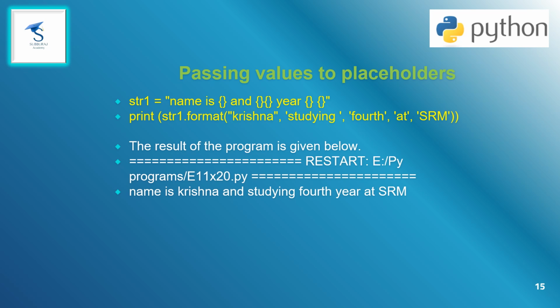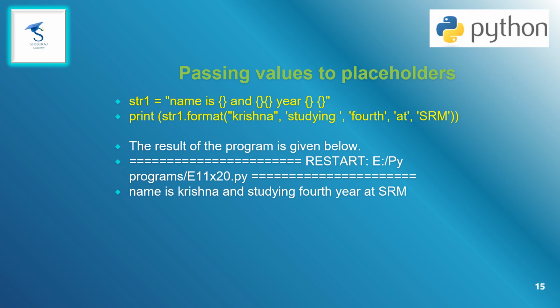So I'll repeat again. You start from name is, then the first curly brace comes, so it says Krishna. Then the text and. Then the second curly brace comes, you put studying. Then the third one, fourth. Then year is typed as it is, printed as it is.